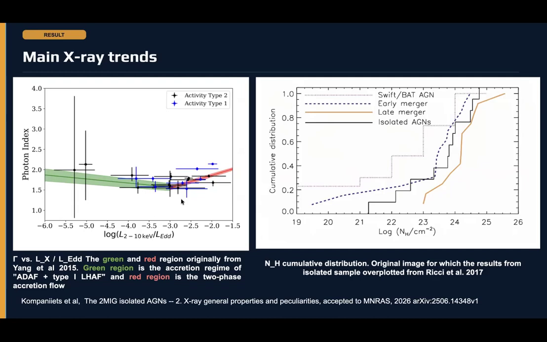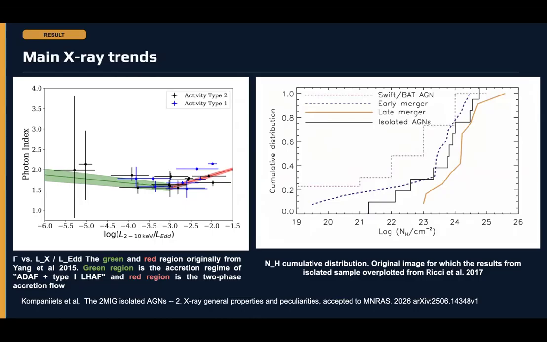So we observe here that our isolated galaxies, which we are studying in this work, have broad ranges of values of different accretion flows and also Eddington accretion rates.